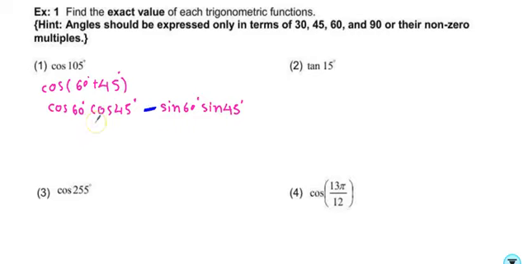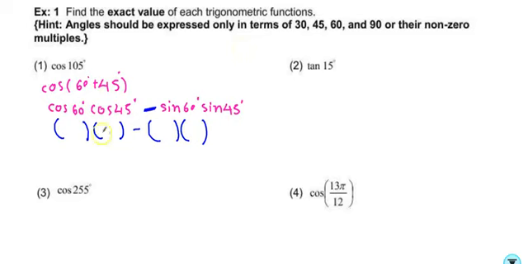Okay, so what do we do next? I would recommend drawing the parentheses so that you are not mixing up the values. We have to use the ratios. Cosine of 60. If you prefer those special triangles, you can draw them.